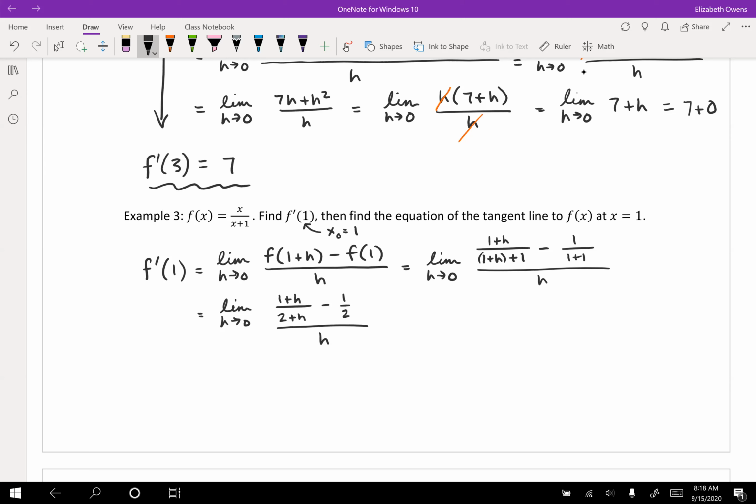And you know that all over h thing, it starts to get a little bit cumbersome here when you're working with a rational function. So here's a little notation hack for you guys. Notice how this is saying that we are dividing by h.